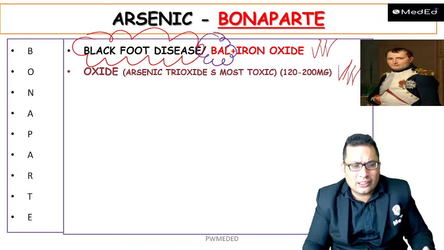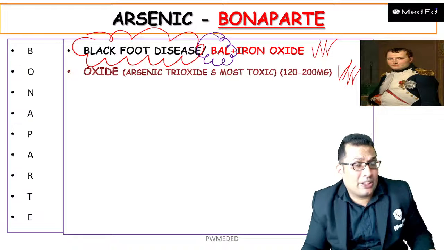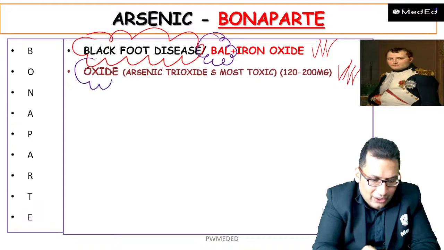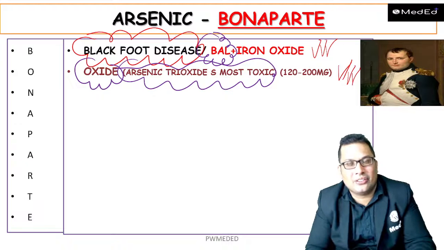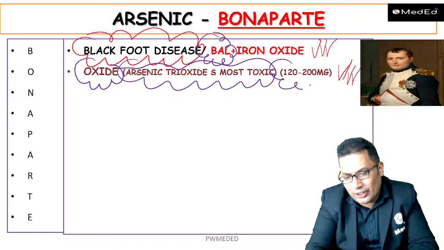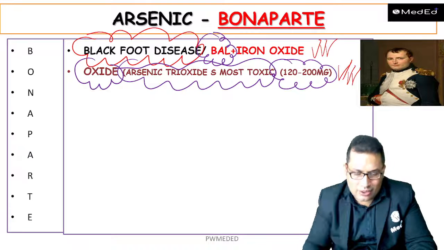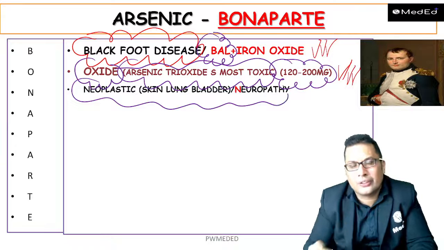O is for oxide, a serious complication, because of the oxide. What is the oxide here? Arsenic trioxide is the most toxic agent. Fatal dosage is around 120 to 200 milligrams. This can be asked. N is for neoplastic lesions.